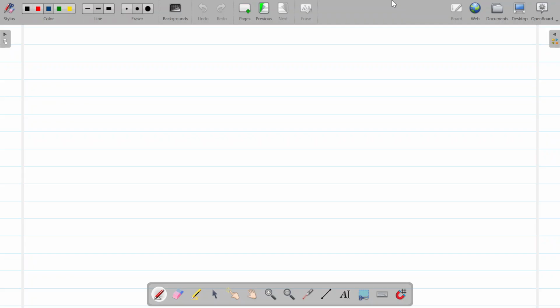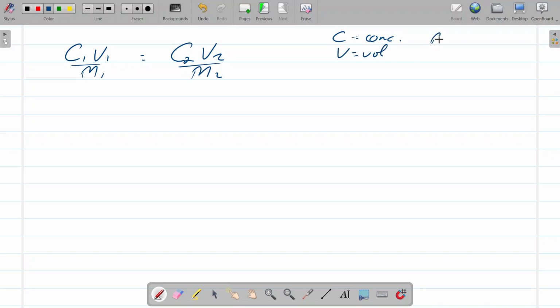What you want to do is C1 V1 over M1 equals C2 V2 over M2, where C is concentration, V is volume in cm³, and M is moles as per the chemical equation.